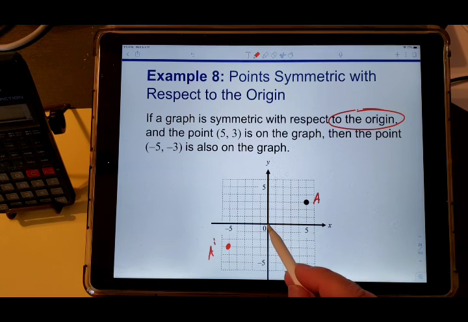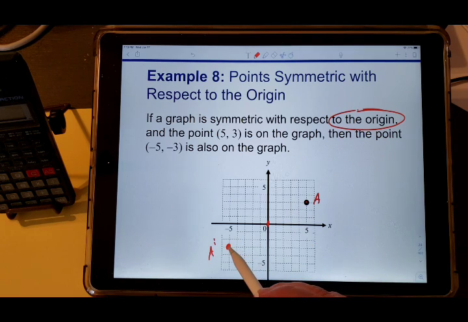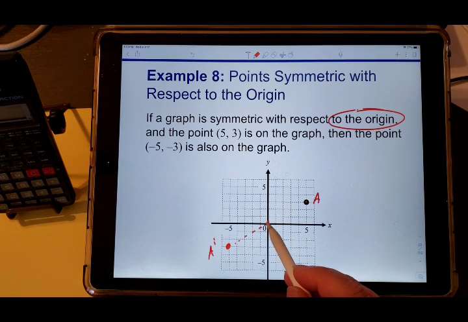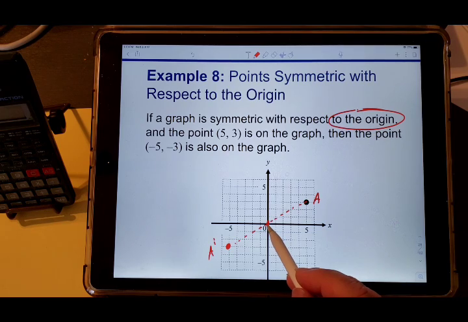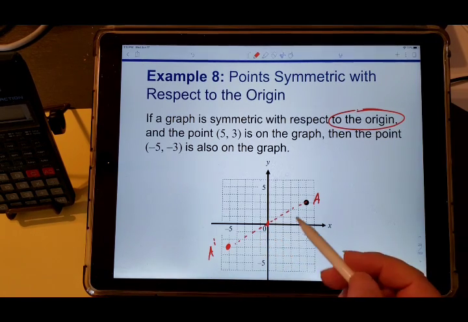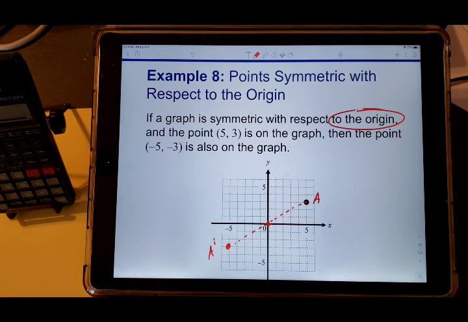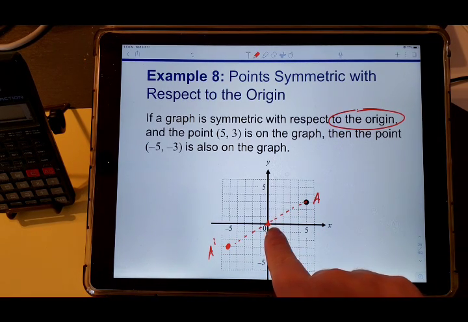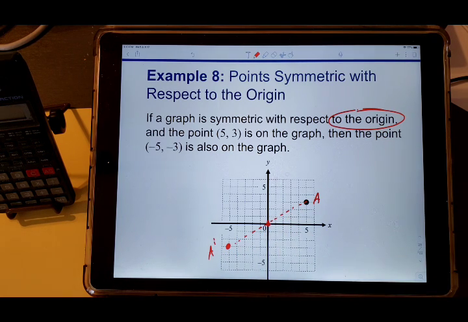You can think of this as if you connect one point to the other, you'd go through the origin, and the origin would be the midpoint. That's what makes it symmetrical, meaning they're both the same distance from that point. So symmetry with respect to the origin.